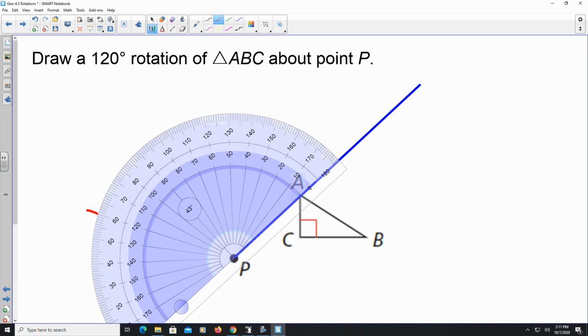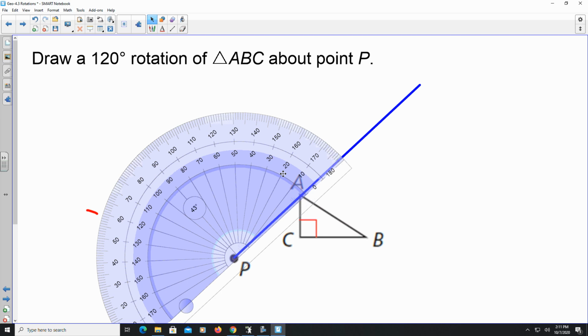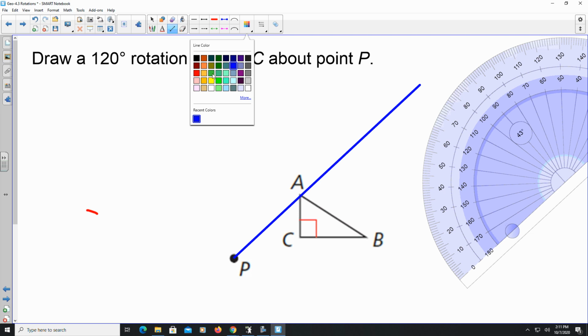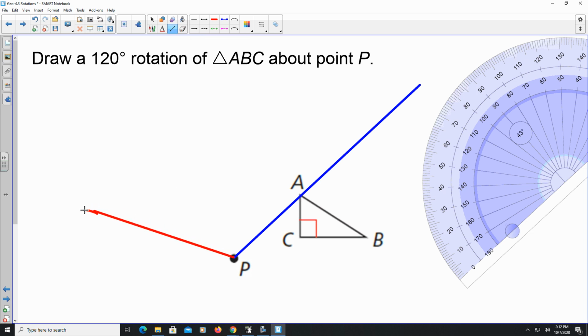Now I'm going to move my protractor out of the way and make another line segment. I'll use red because I used red here, and I'm going to go from here to here.